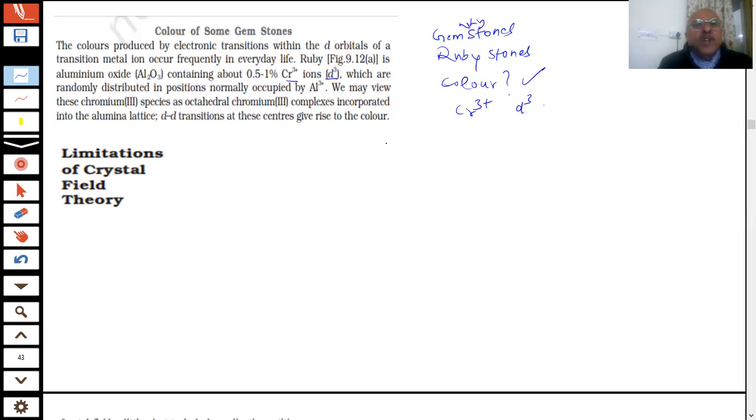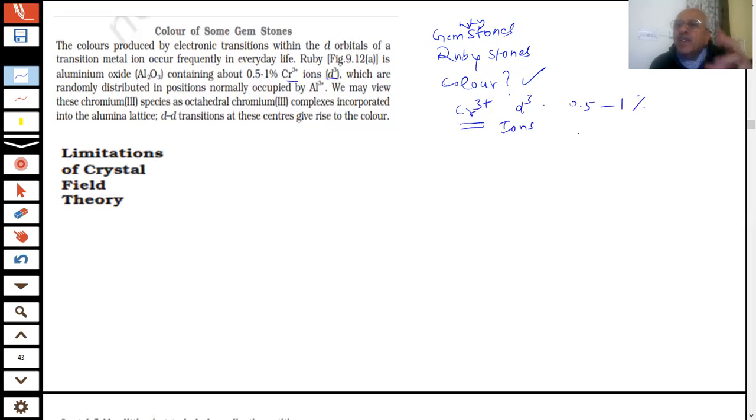So what will happen, student? Because of the presence of transition metal ions, in the aluminum oxide there is some 0.5 to 1% of these chromium 3 ions.